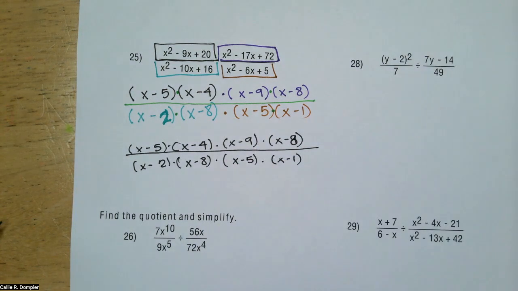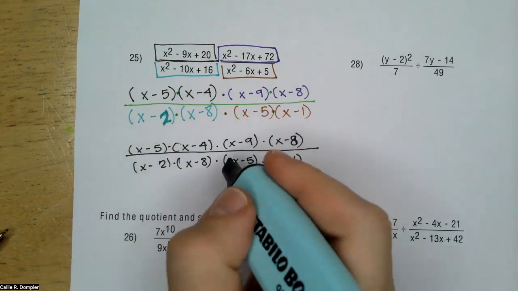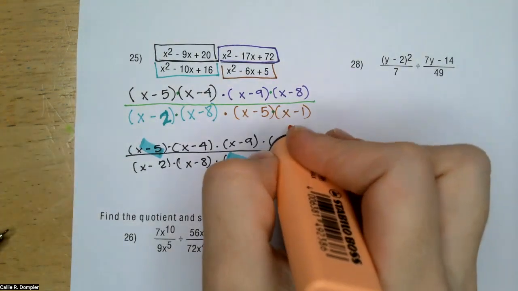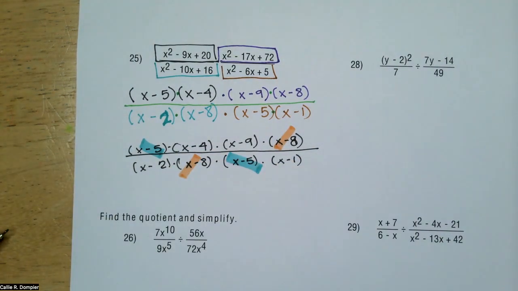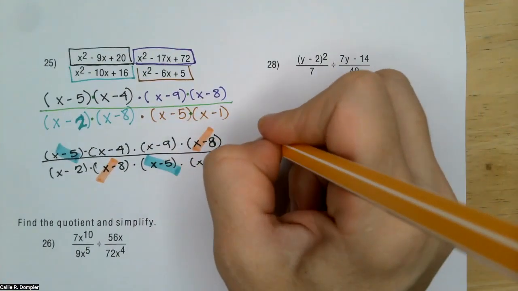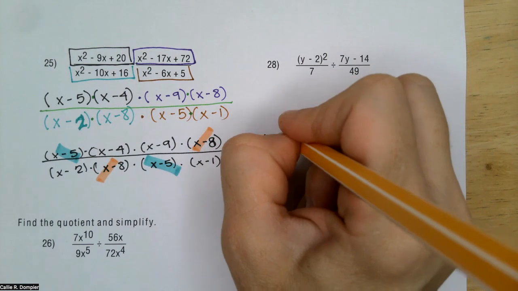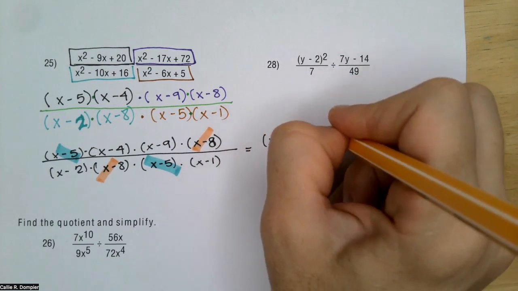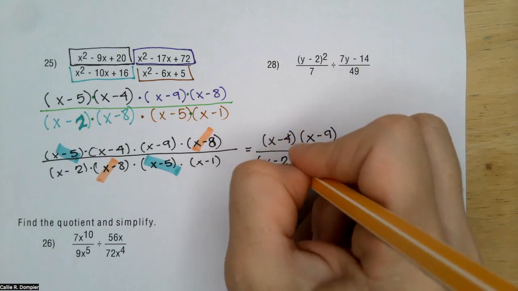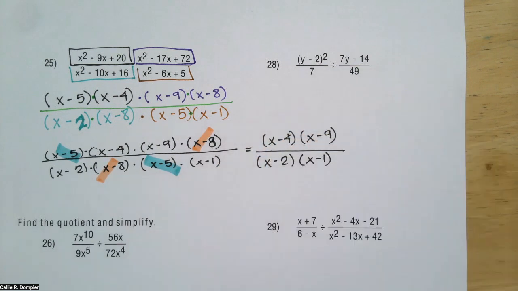There's not a ton, but there are a few. x minus 5 and x minus 8. Leave it in factored form. Okay, so now you have x minus 4 times x minus 9. On the bottom, you have x minus 2 times x minus 1. Good.